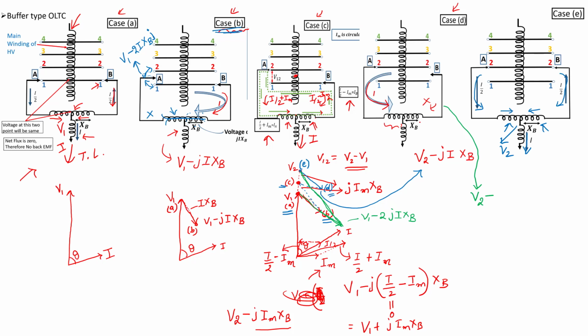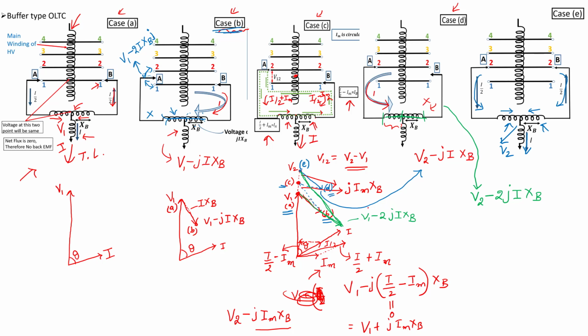So the flux is not being opposed. The flux will link entire winding. So therefore, whatever voltage appears across this half portion will also appear across this half portion. So therefore, the total voltage drop is V2 minus 2 times J into I into XB.